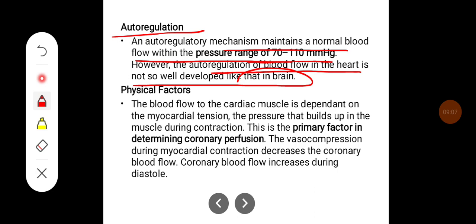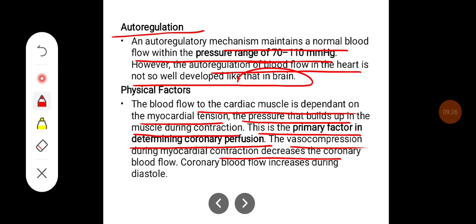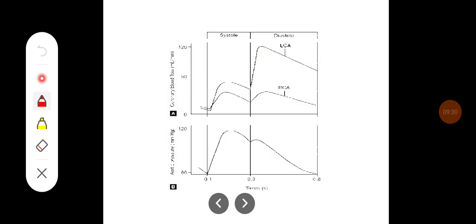Then physical factors. The blood flow to the cardiac muscle is dependent on the myocardial tension, the pressure that builds up in the muscle during contraction. It is the primary factor in determining the coronary perfusion. The vasocompression during myocardial contraction decreases the coronary blood flow. Coronary blood flow increases during diastole.